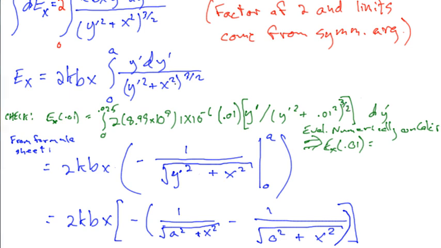So it's just the denominator being raised to the power of 3 halves. And when I do that, my calculator spits out 11302.396. That is in newtons per coulomb or volts per meter, whichever you want to call it.